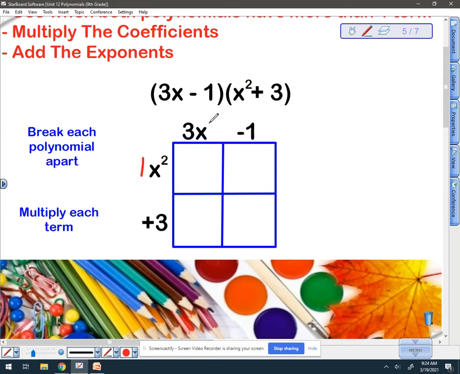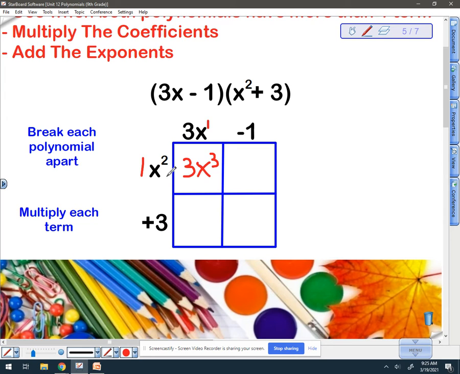If you have a variable with no exponent, it's a 1. So it's easier if you add those things in to start with. Now you look at it and you just go, okay, 3 times 1 is 3. And then I have x to the second power times x to the first power. When multiplying with exponents, you add the exponents. 2 plus 1 is 3.